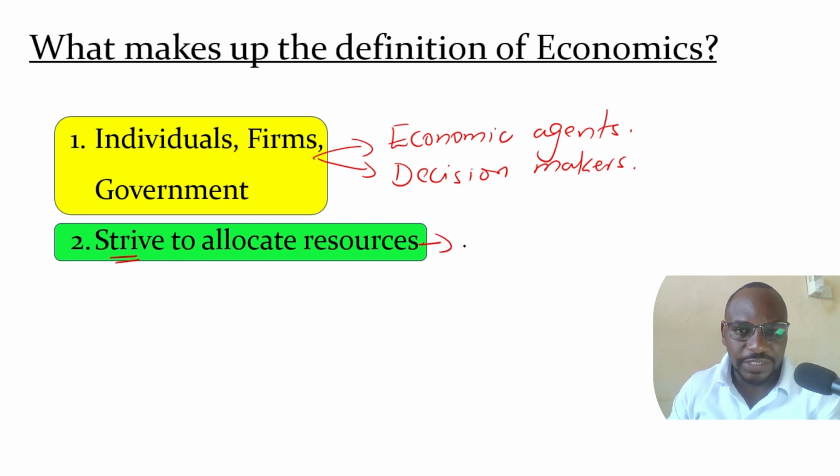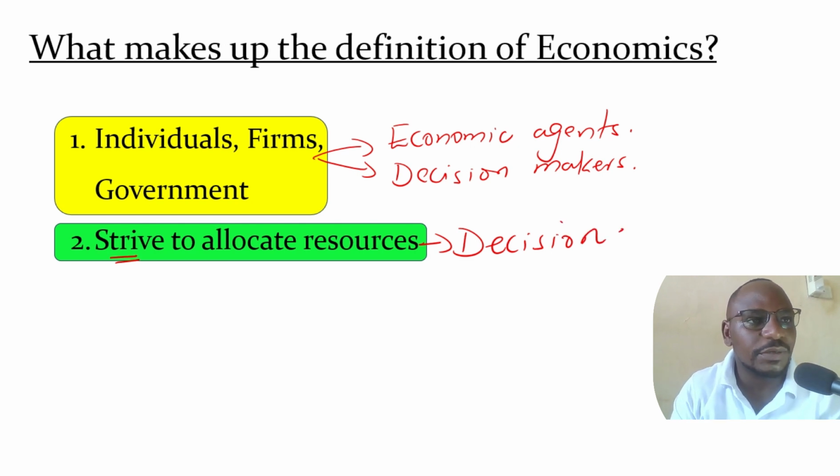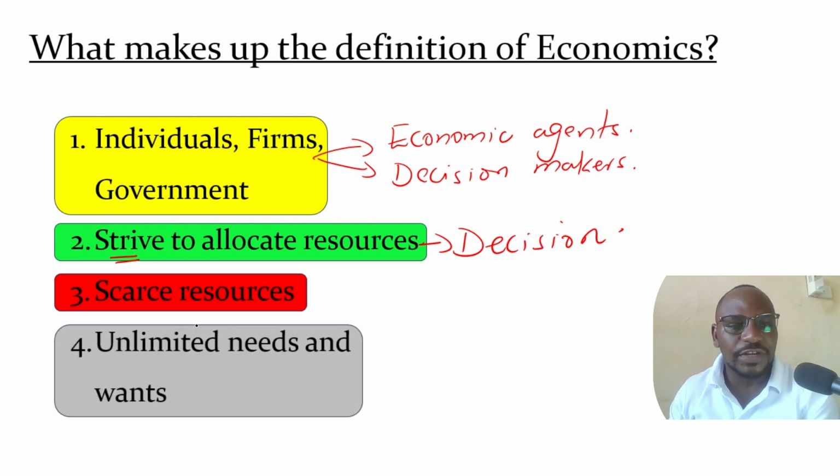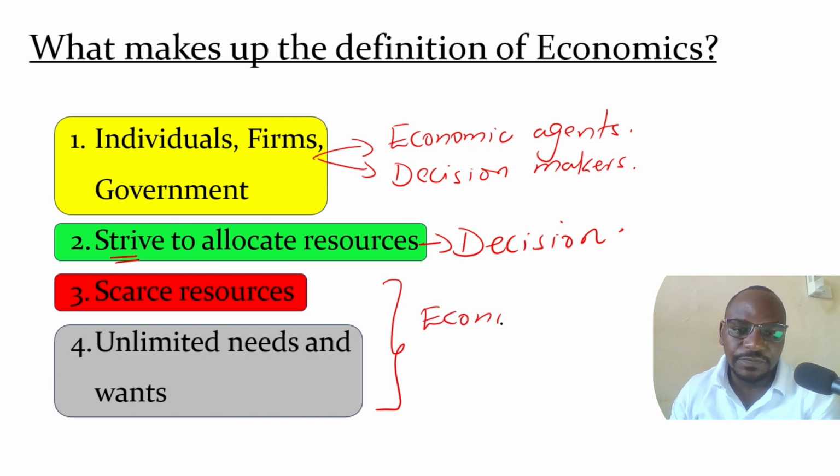The next thing is the strive to allocate resources. The strive here means you have to make a decision. You're looking at which one should I meet first, which one should I leave. And what are you making a decision about? Scarce resources versus unlimited needs and wants. And what did we call this? We said this is basically the economic problem.